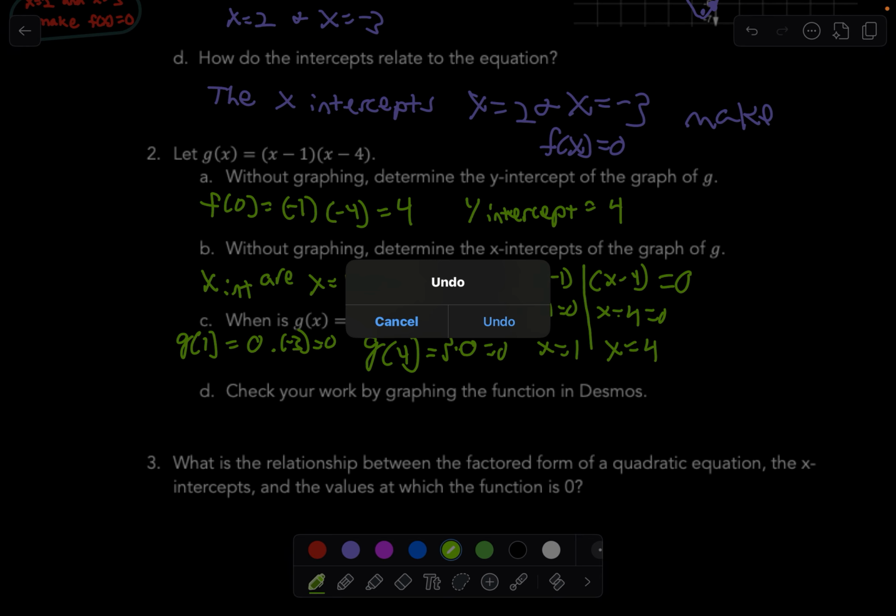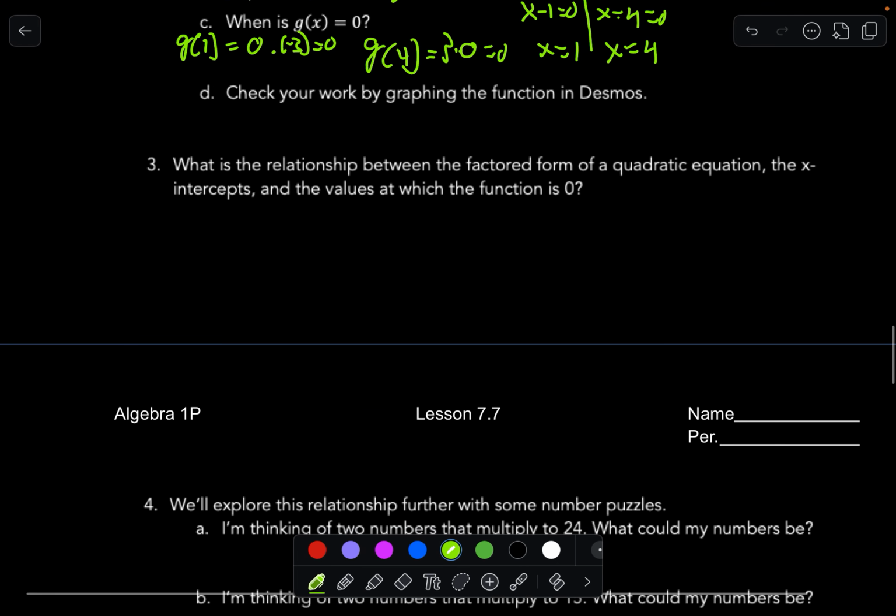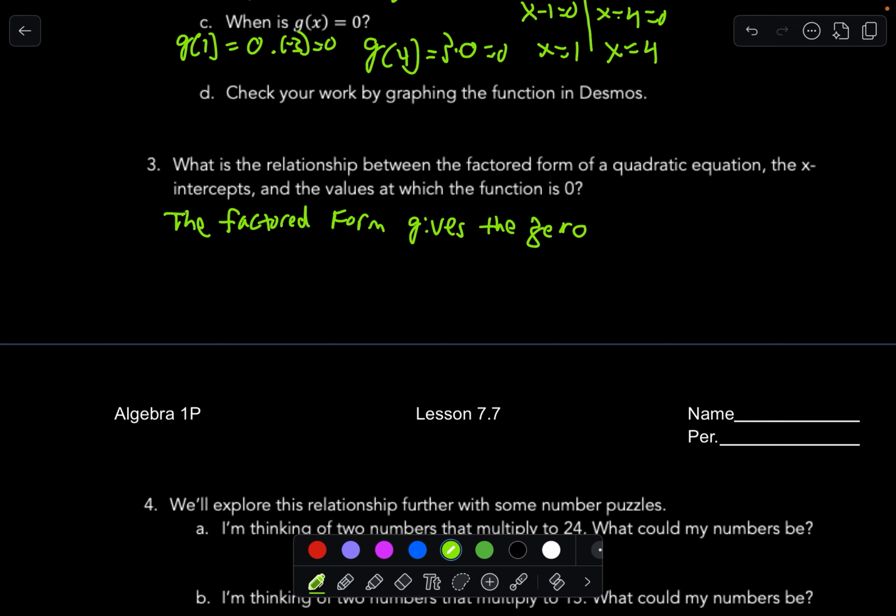All right. So what is the relationship between the factor form of a quadratic equation, the x-intercepts, and the values at which the function is equal to 0? The factored form gives us the roots, gives us the zeros of the function.